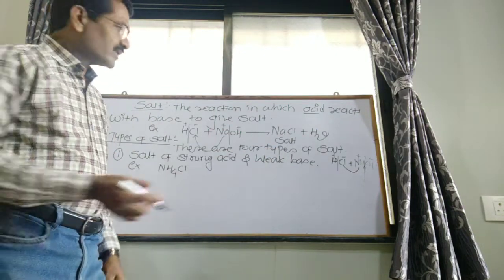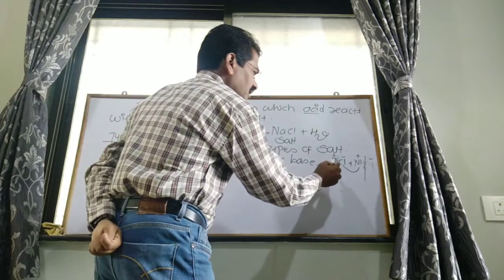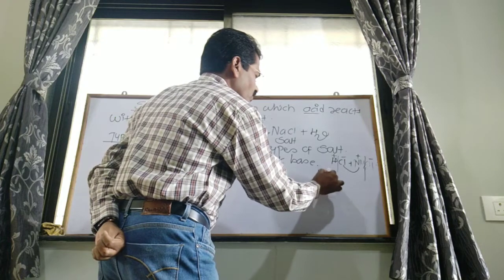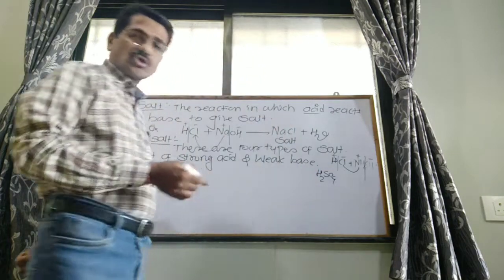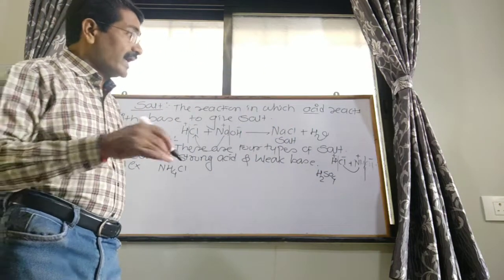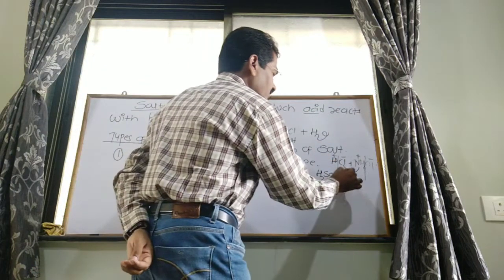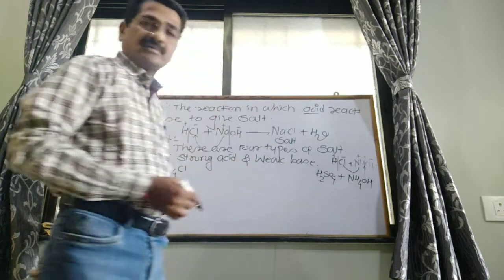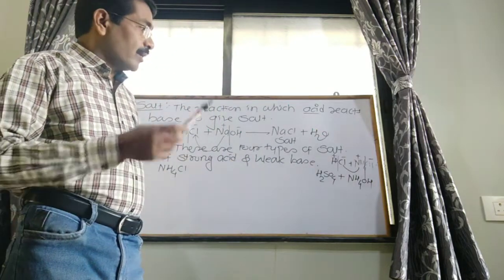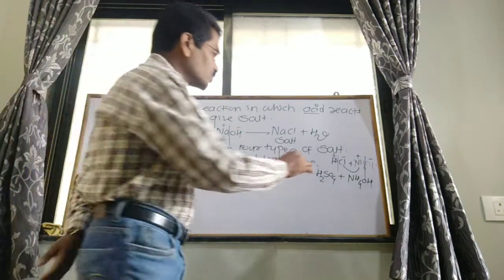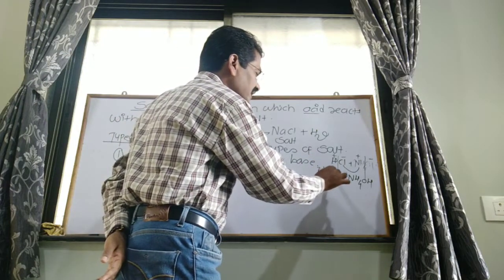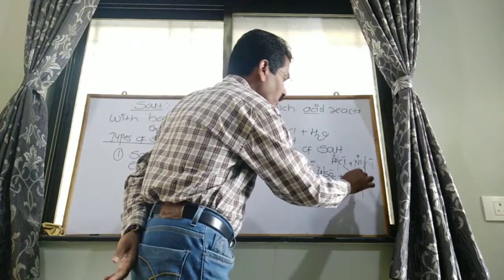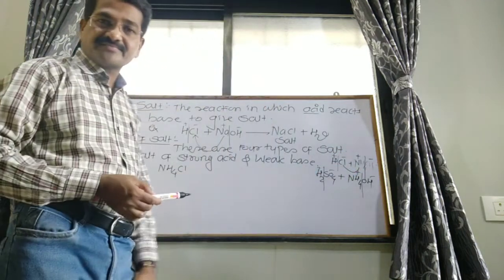Another example, suppose strong acid H2SO4 and weak base NH4OH are taken. By breaking this, it gives 2H plus and SO4 2 minus. Again it breaks to NH4 plus and OH minus.